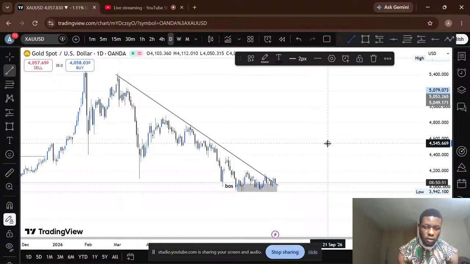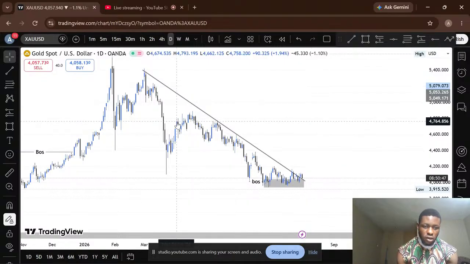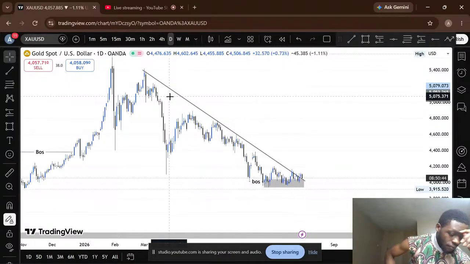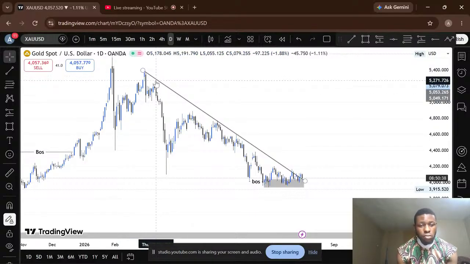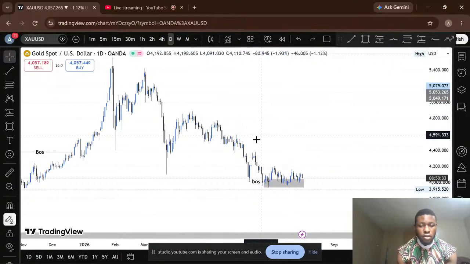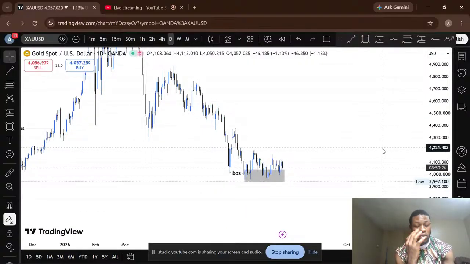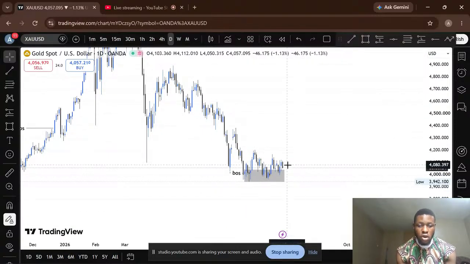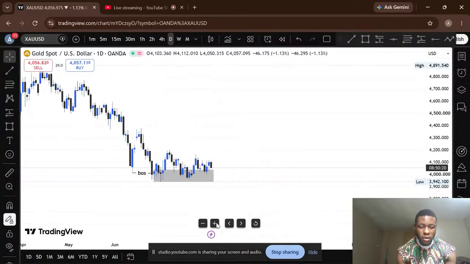As you can see, for price action traders, you are seeing a series of lower low, lower high, right? So moving on, at this point we are going to focus on the recent market price movement.